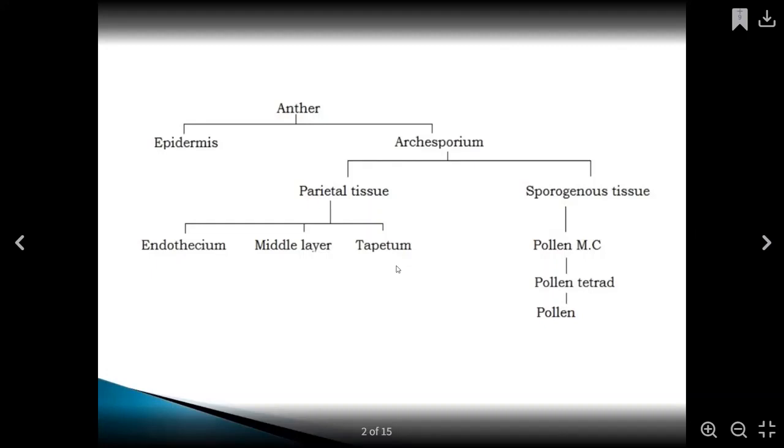Thousands and hundreds of years ago, we observe pollen grains in fossil formation because they consist of sporopollenin. So it is a very hardened outer layer. It is due to the sporopollenin that the pollen grains get preserved during the fossilization process.